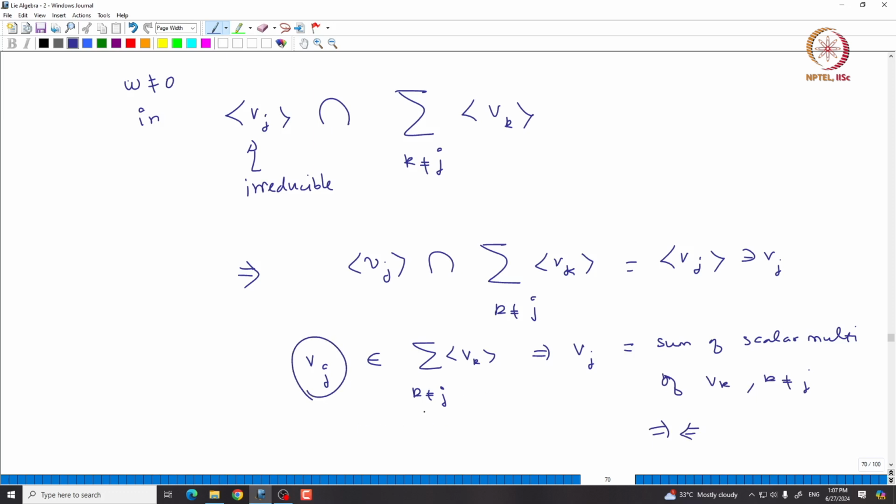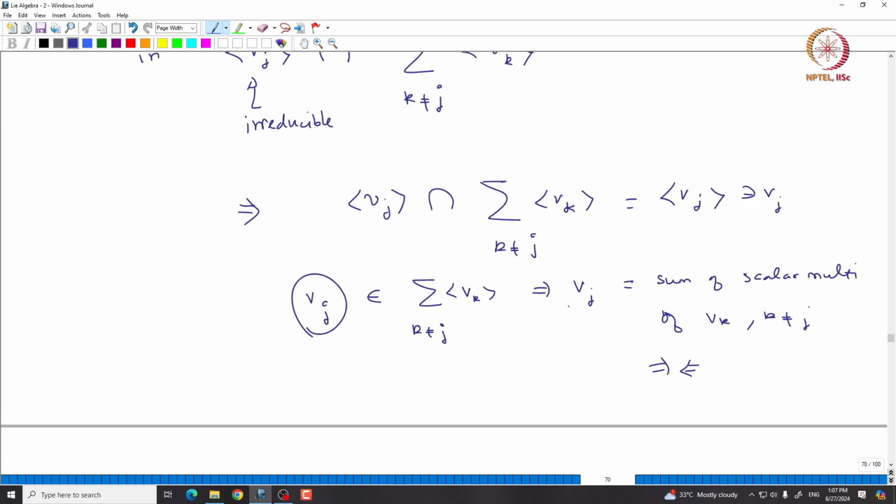So, it has to lie in the top weight space which corresponds to m. That is a contradiction to the fact that they are all linearly independent. Okay, because we have chosen linearly independent vectors and then constructed the corresponding submodules generated by them. So, this cannot happen.